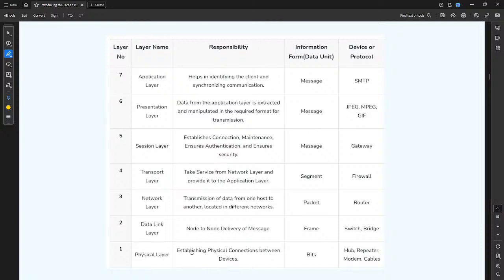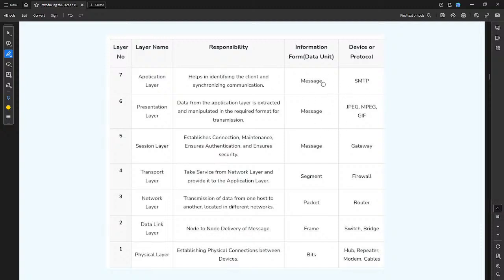Now, this is basically what I just explained to us. At the physical layer, we have the hubs, repeaters, modems. At the data link layer, we have the switches. At the network layer, I told you, we have the router. For the transport layer, we have different devices, for instance the firewall. At the session layer, we have the gateways. Presentation layer, like I said, we have JPEG, MPEG, and for the application layer we have SMTP.